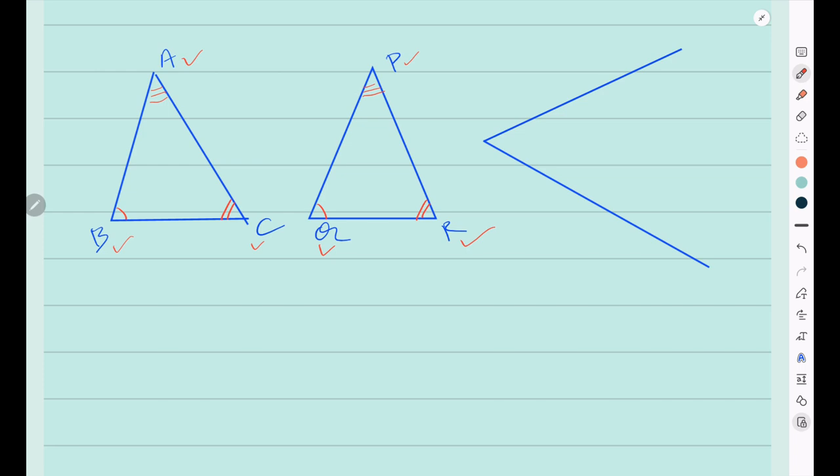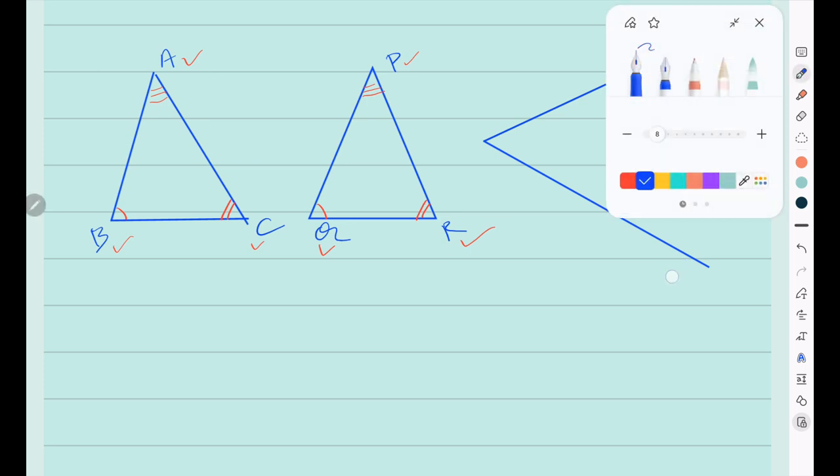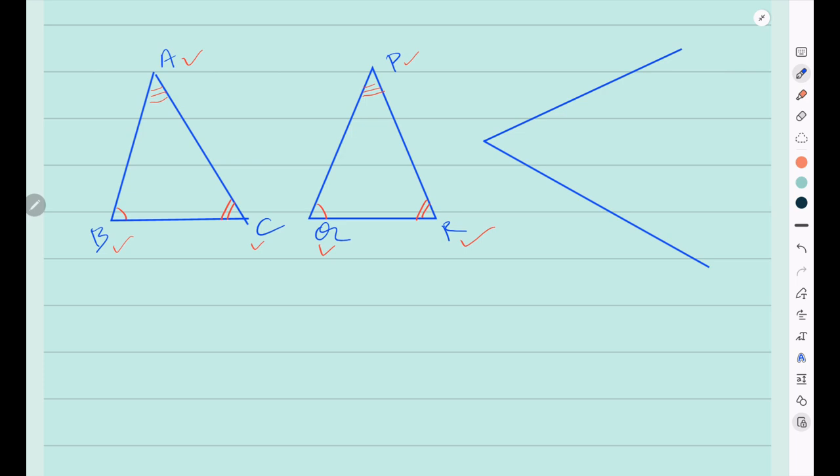Okay, and then there is another property of similar triangles, and that is the sides are in the same ratio. So what does it mean?